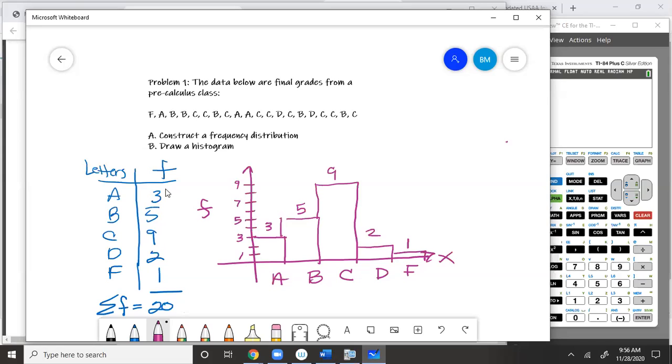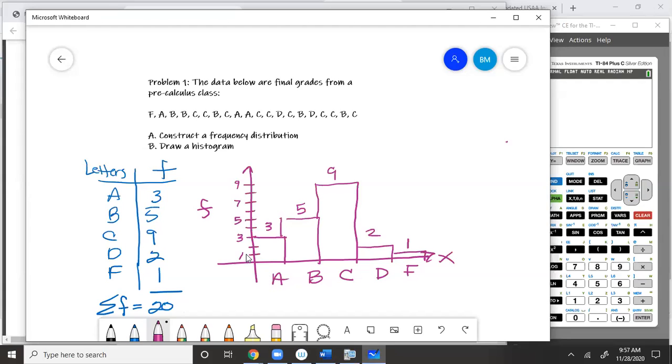Looking at my frequency distribution, the y-axis should cover the numbers 1 through 9. So I went ahead and put equally spaced marks with a number line from 0 to 9, and then put the letters that are represented in the data.